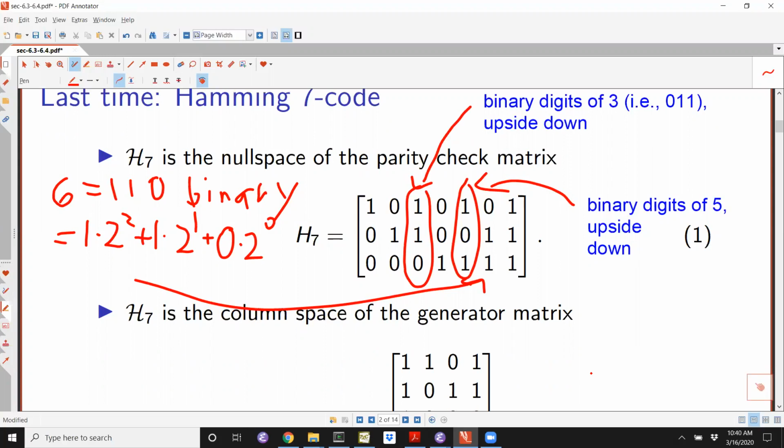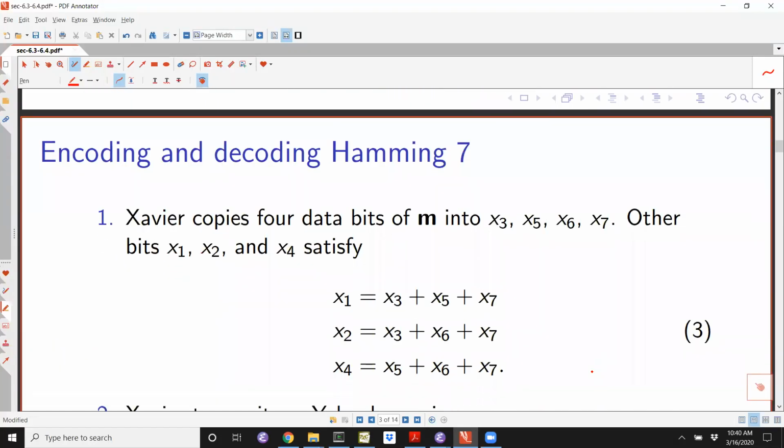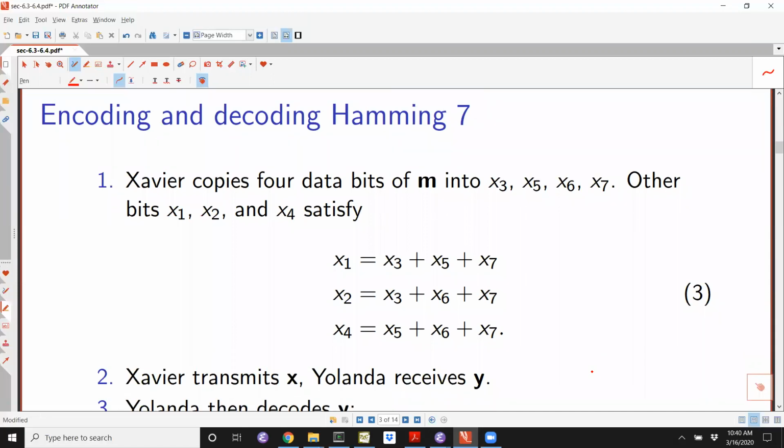Okay, so the idea when you encode and decode data in the Hamming 7 scheme is that you're trying to transmit four data bits, 4 message bits, and you copy those 4 message bits into bits 3, 5, 6, and 7, and then the other bits, x1, x2, and x4 are governed by these equations: x1 equals x3 plus x5 plus x7, and so on.